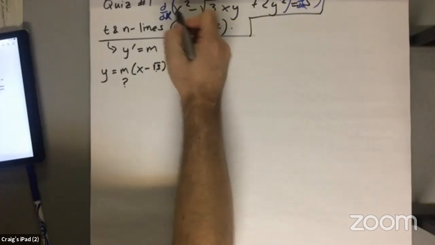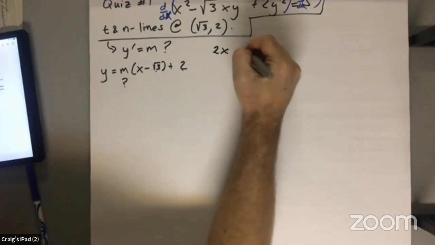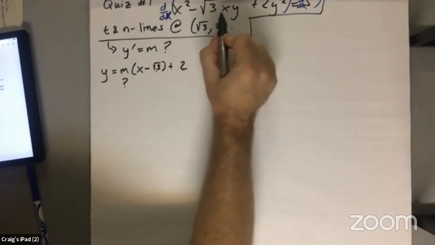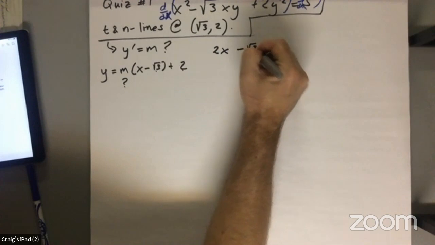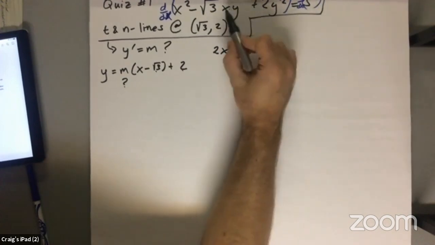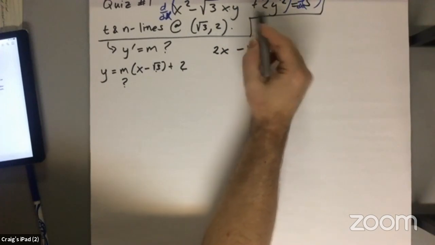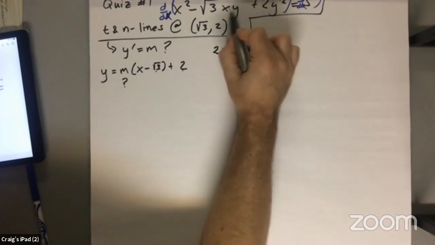If I take d/dx of x squared, it just becomes 2x. And then if I take d/dx of this, it's minus square root of 3 times, well, now I have a product of two different pieces of x. x is a function of x, and y is actually a function of x. y changes as x changes. So I have a product rule here.